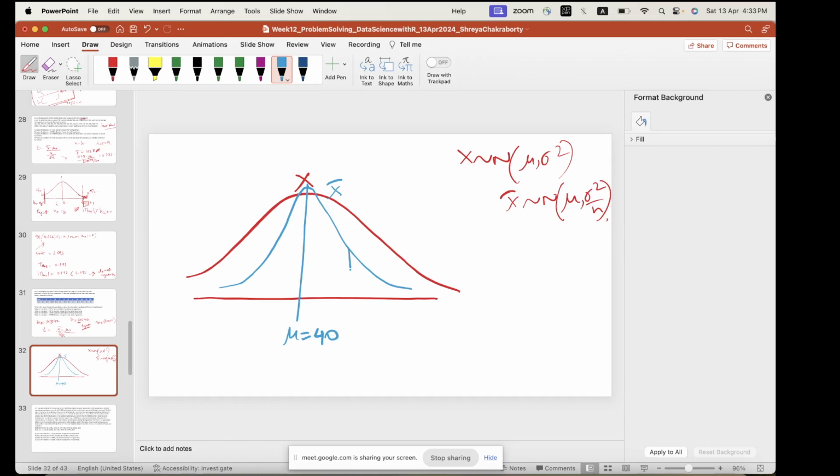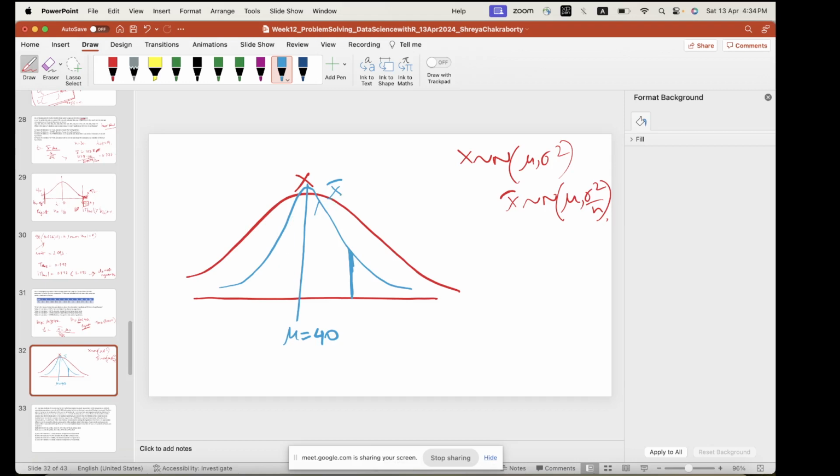Let's say here you have x bar. Anywhere if it falls over here, then x bar is greater than or equal to 40, your claim is sort of satisfied, right? But if it falls here, then x bar will be less than 40, right?